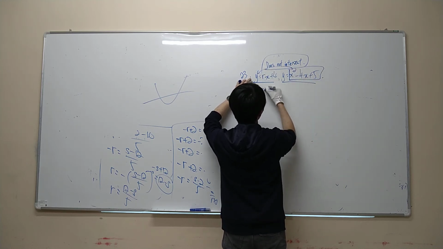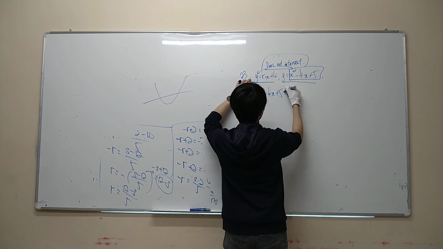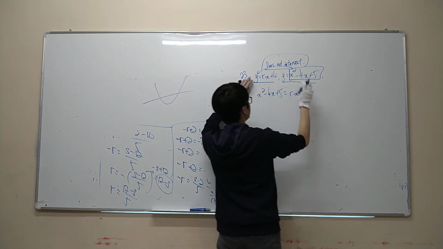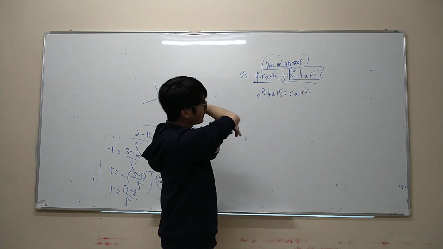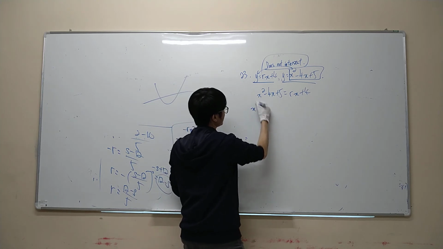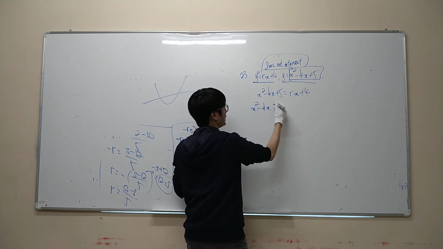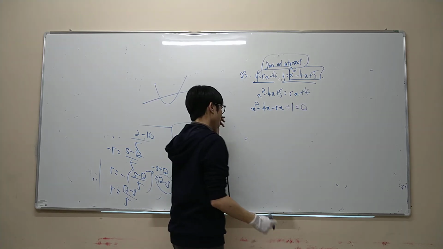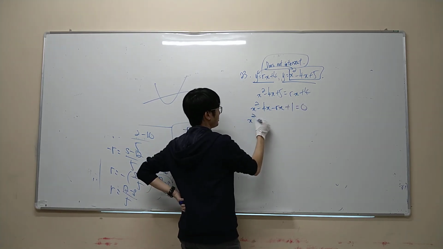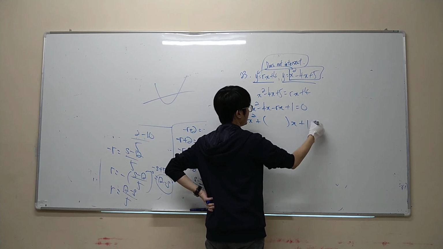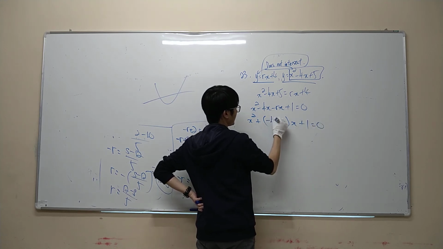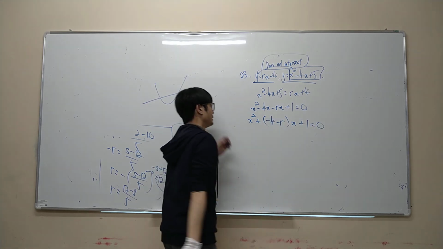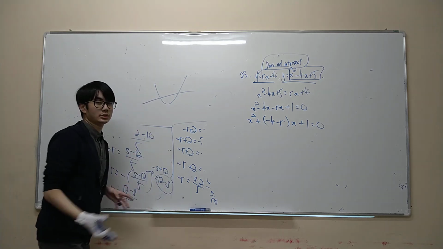So it becomes what? X squared minus 4x plus 5 equals to rx plus 4. Means you do simultaneous, you substitute. So you get x squared minus 4x, pindah minus rx plus 5 minus 4 is plus 1. And then you tukar jadi x squared plus, sini x plus 1 equals 0. So when you take out the x, it becomes negative 4 minus r. Now you get a new equation.